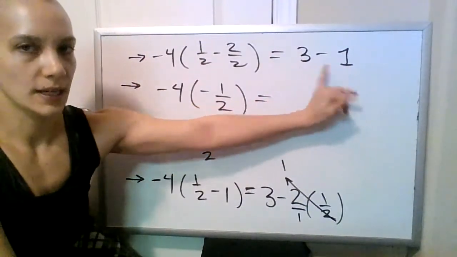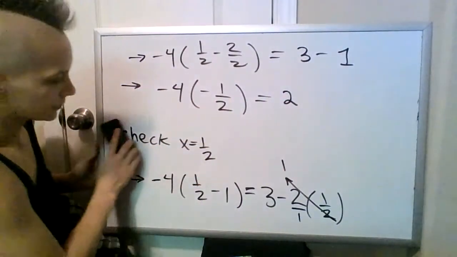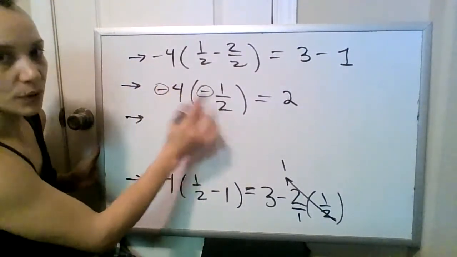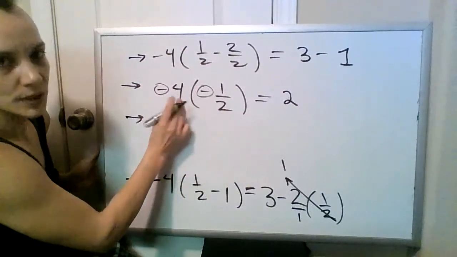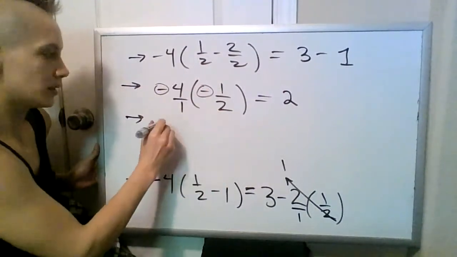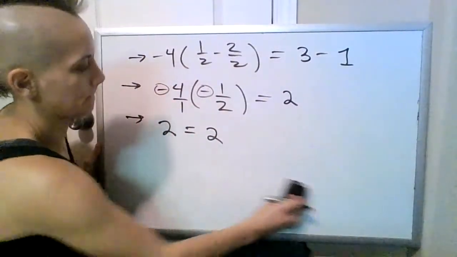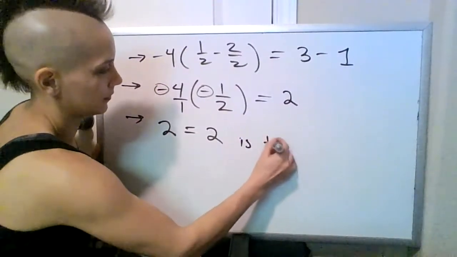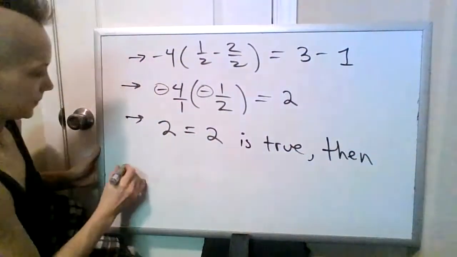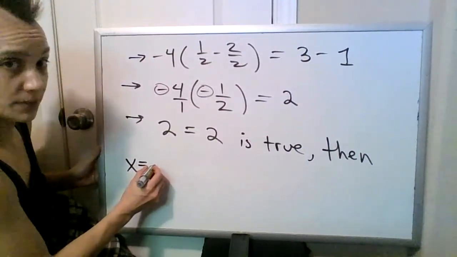On the other side of the equal sign, we have 2. This negative with that negative is a positive 4/2. It helps, you could put 4/1. So 4 times 1 over 1 times 2 is 2. It's 1/2. x equal to 1/2 is a solution.